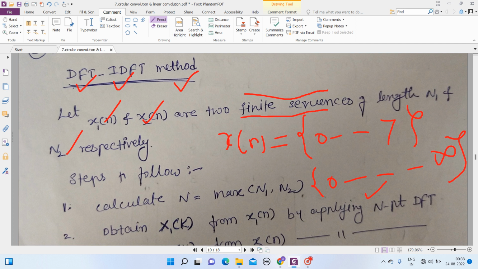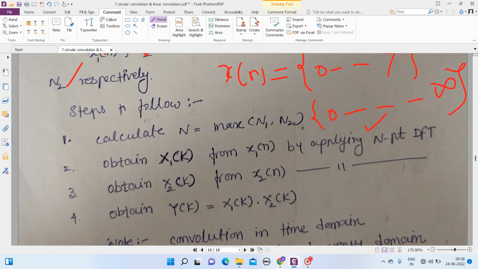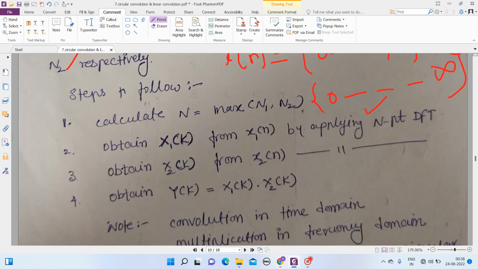Okay, so in order to solve convolution using the DFT and IDFT method, we have to follow these steps. First we have to calculate the N point, because we might get the sequences in different sizes or different lengths.